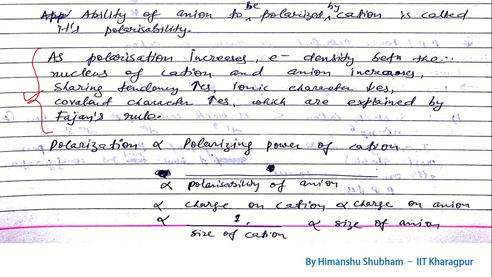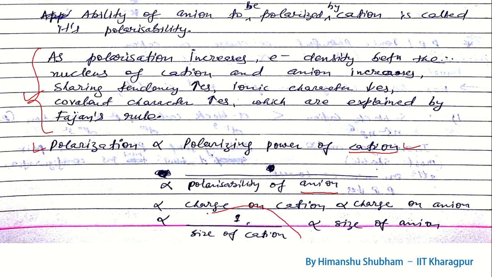Now we have some parameters on which the polarization is dependent. Here are those parameters. We should remember whether each is directly or inversely related. Polarization is proportional to the polarizing power of the cation and the polarizability of the anion. We have learned what polarizing power and polarizability are, and it is also proportional to the charge on the cation and the charge on the anion.